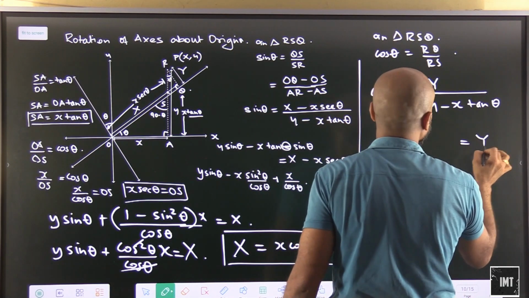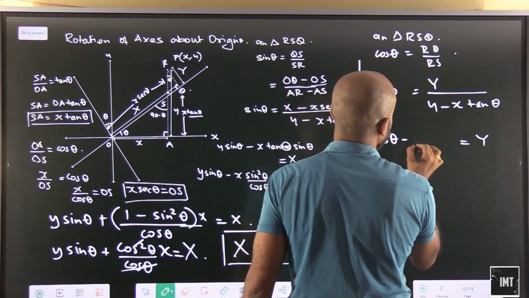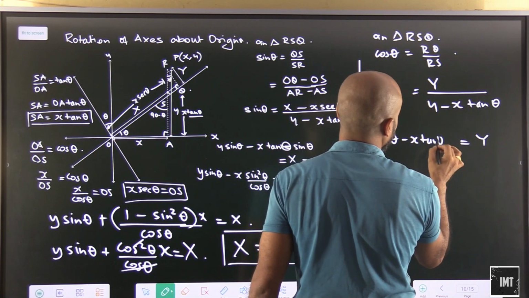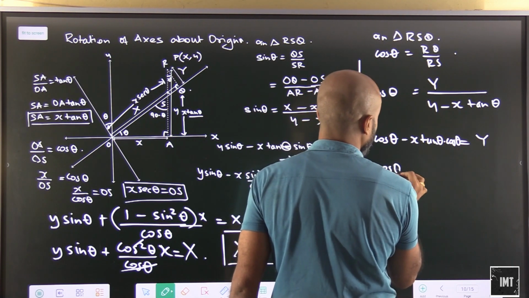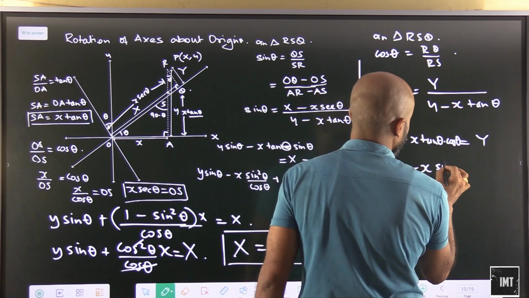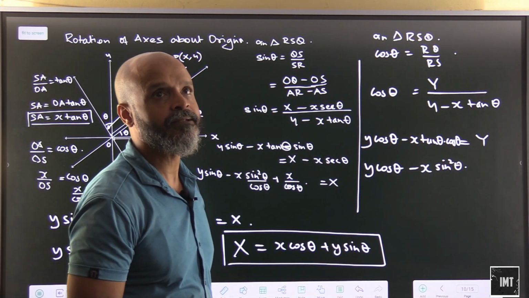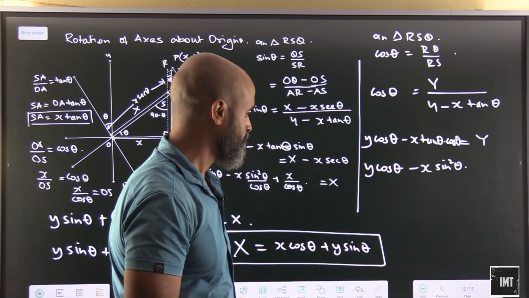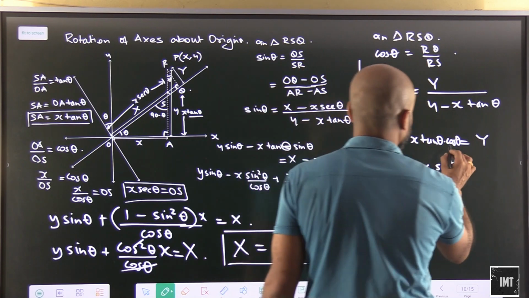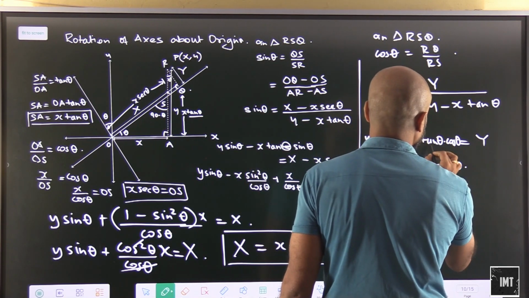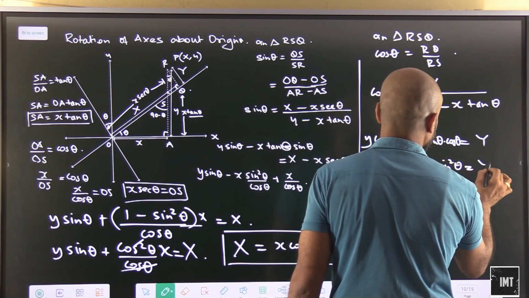So capital Y will be y cos theta minus x tan theta into cos theta.